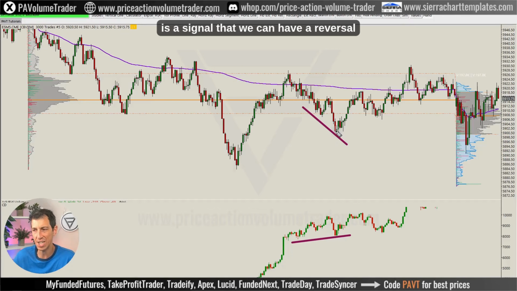So this is a signal that we can have a reversal coming up as the aggressive buyers are showing that they are continuing to push price. And you can see eventually we do have this pop up, and then we have a nice reversal going on over here.